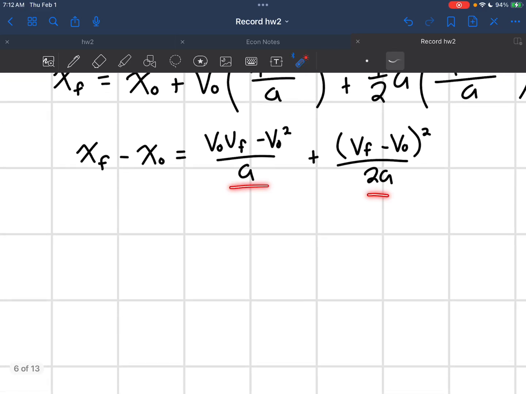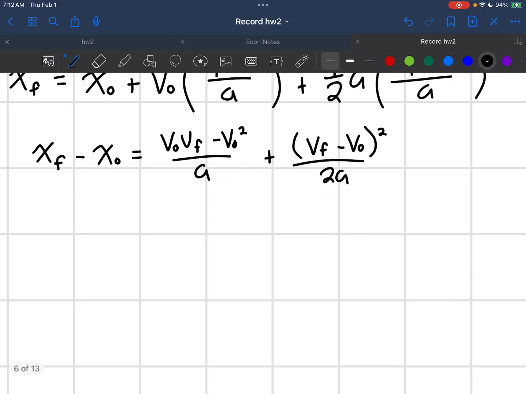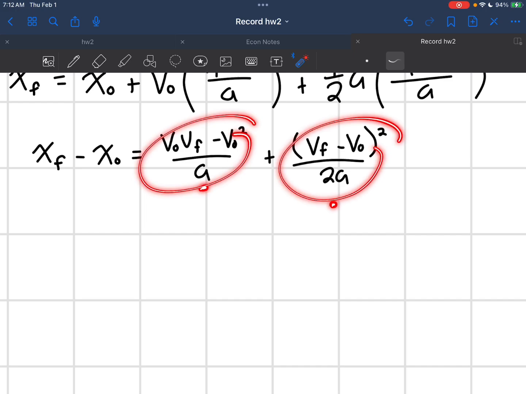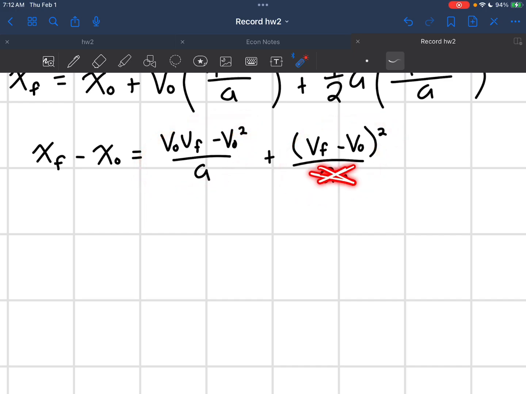Then I don't like fractions, so I want to get rid of my fractions. So I'm going to take each side of the equation and multiply by 2 times a. So I'm multiplying this fraction by 2a and this fraction by 2a. This one will just cancel out, but this one will leave me with an extra coefficient of 2.